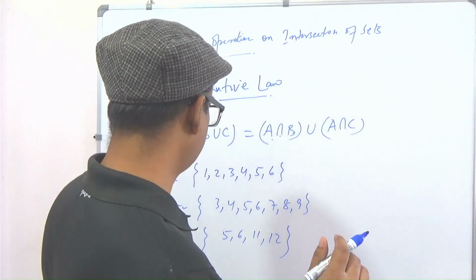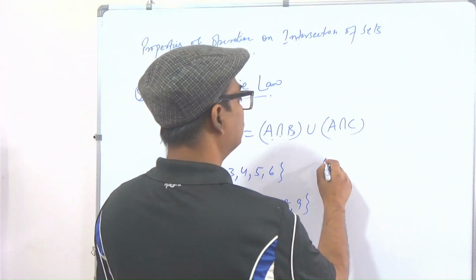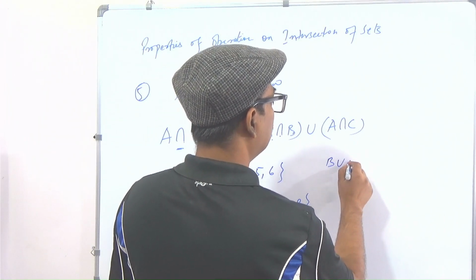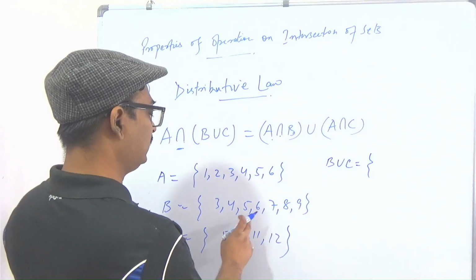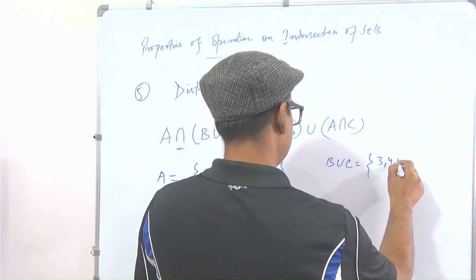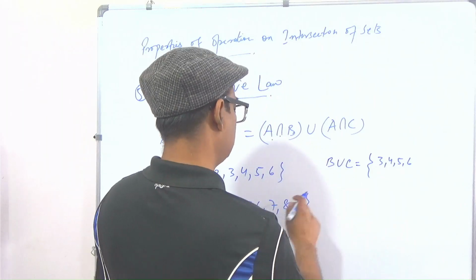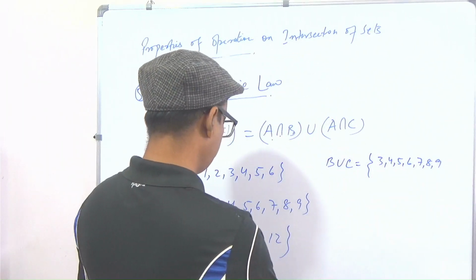Okay, I am doing this. I think you must have checked by yourself. What is B union C? 5, 6 is common, all other elements are different. So we have 3, 4, 5, 6, 7, 8, 9, and then we have 11, 12.